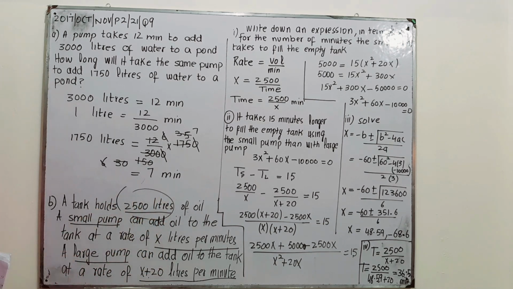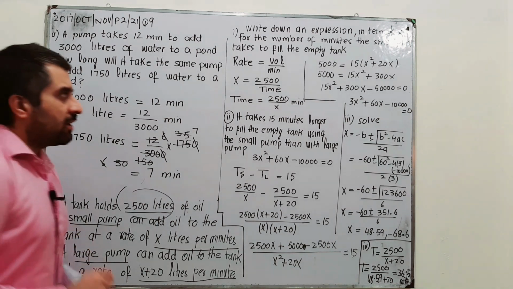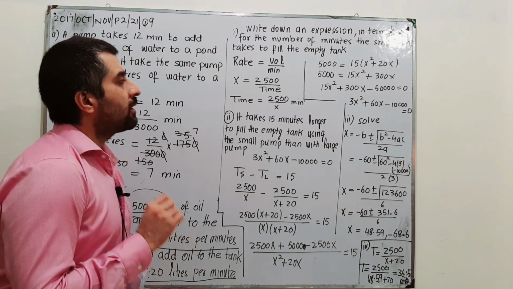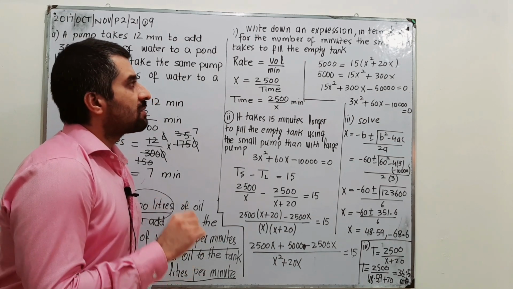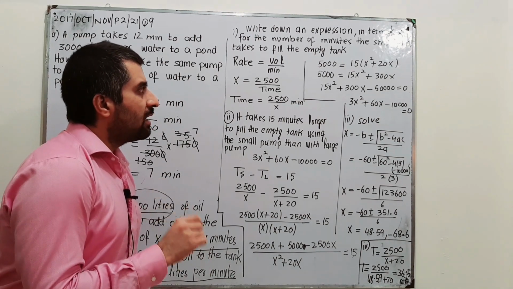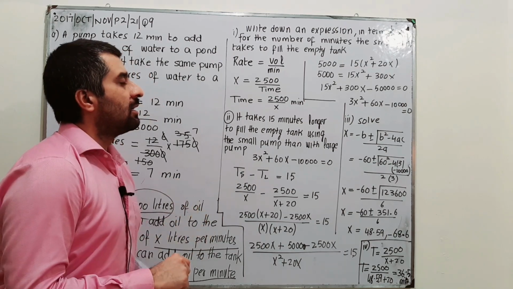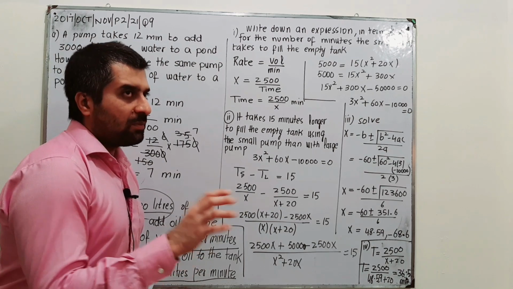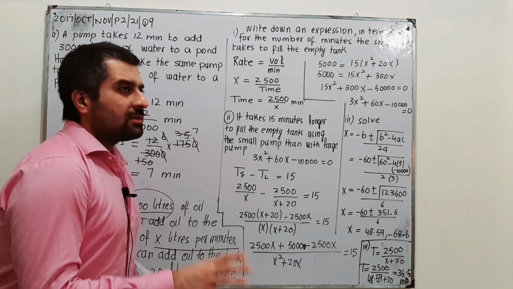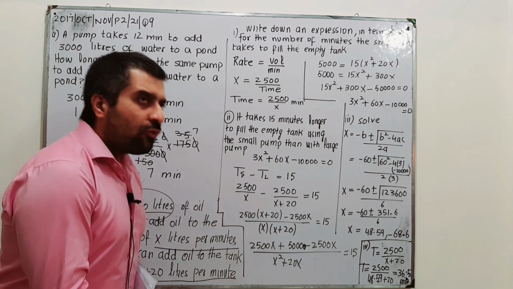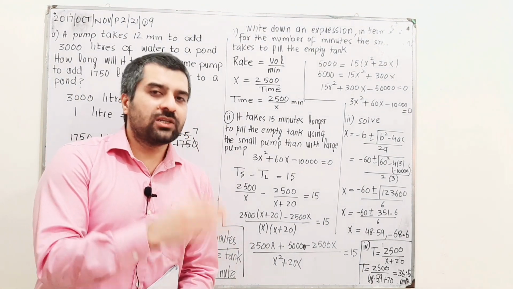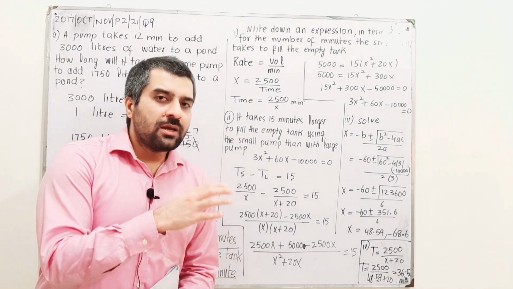The total capacity is 2500 liters. The question is: write down an expression in terms of x for the number of minutes the small pump takes to fill the empty tank. We have to find an expression for the time for the small pump. The formula for rate of flow is volume per unit time, that is volume divided by time.